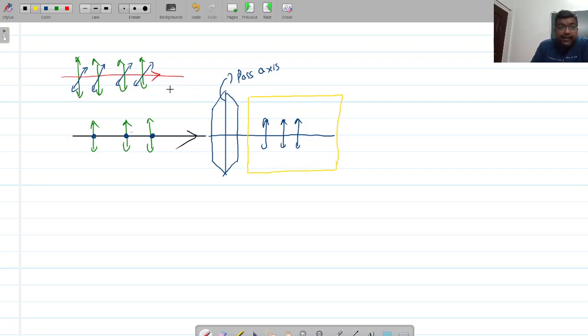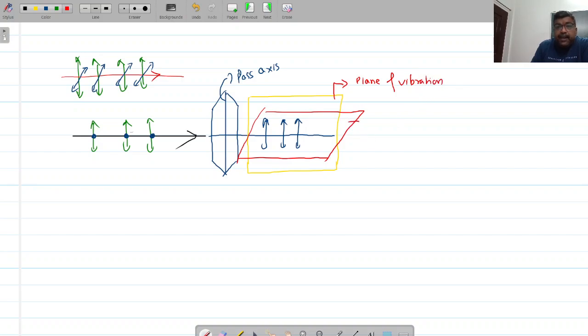So now in this case the vibrations are taking place on the plane of the paper, and the vibrations perpendicular to this plane are missing. These dots are missing. This plane in which the vibrations are taking place is called the plane of vibration.